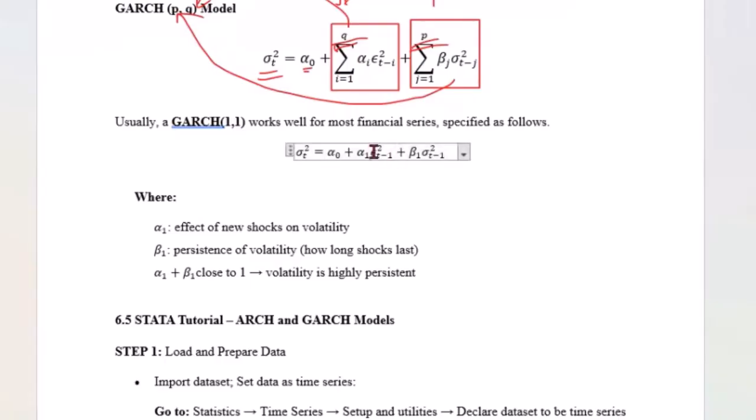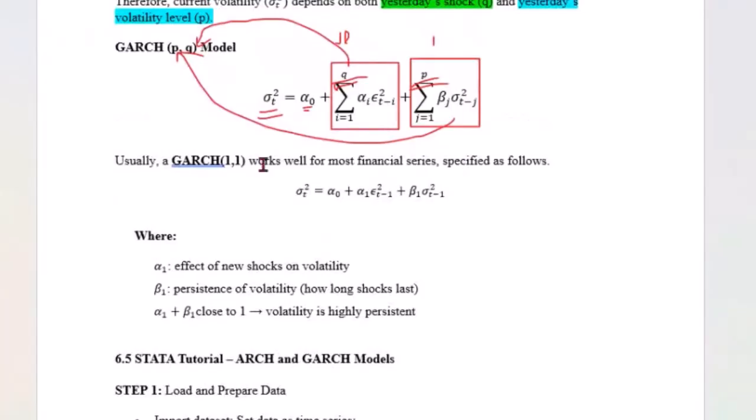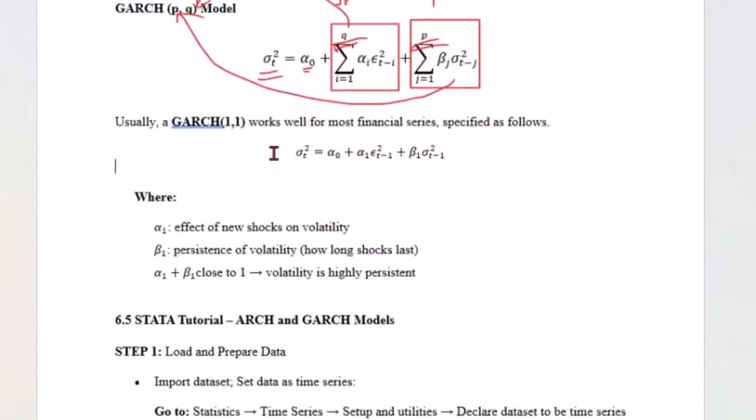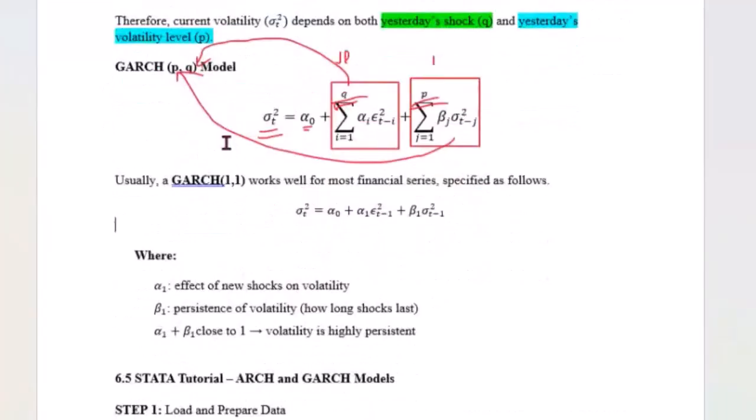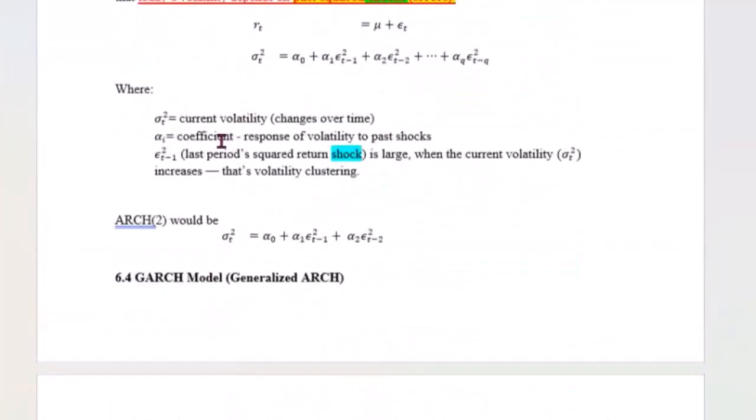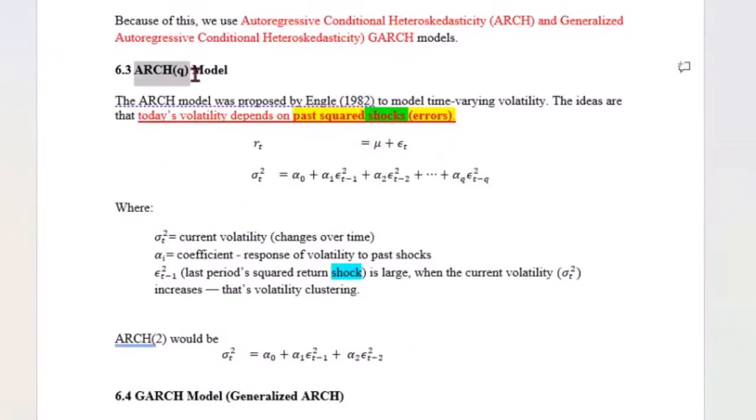So this is the GARCH(1,1) model. In case we want the GARCH(2,2) model, we'll add another term here, alpha 2, and we say t minus 2. Then P is to have another term here, where we'll have t minus 2. So that is a simple representation of the GARCH model.